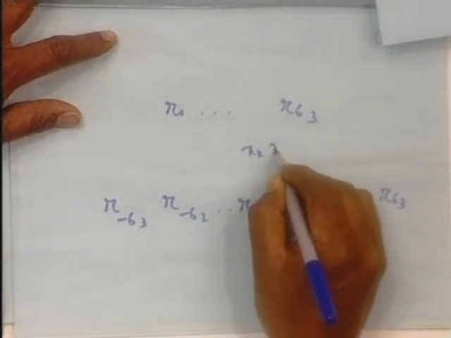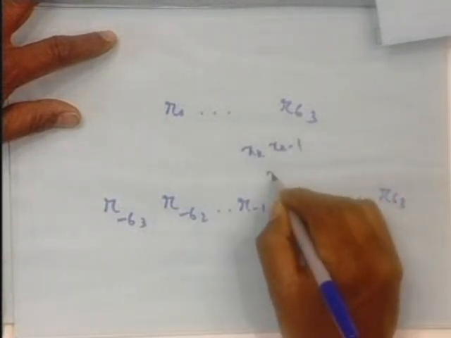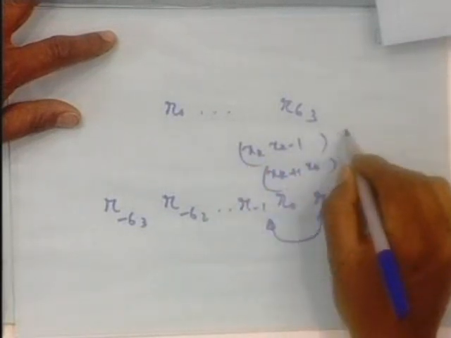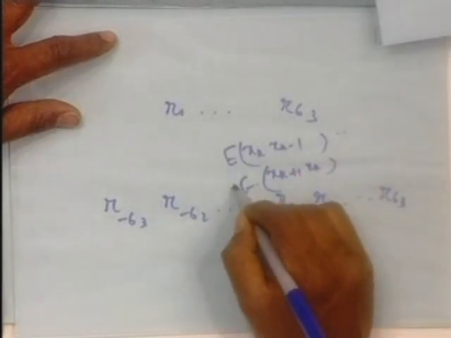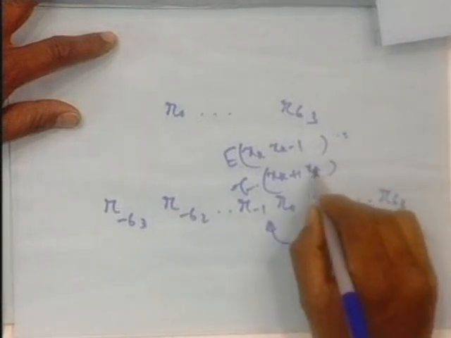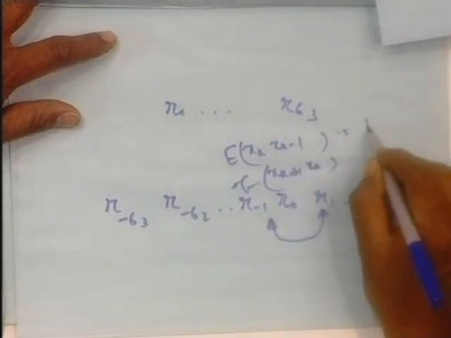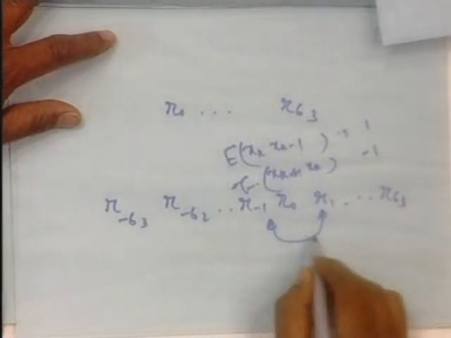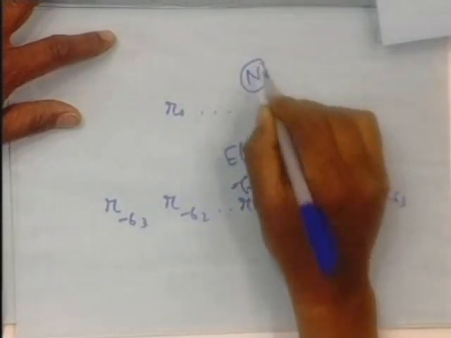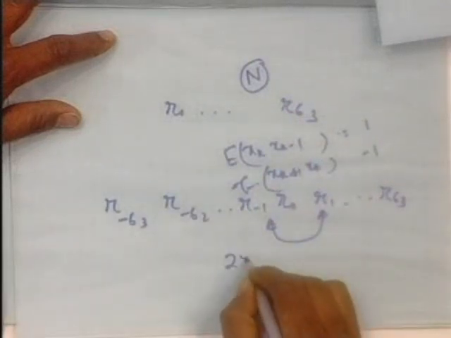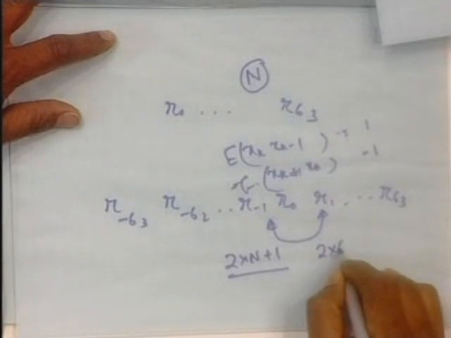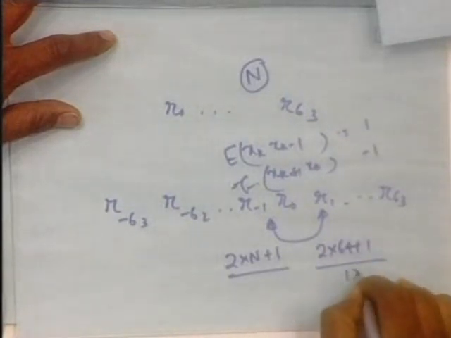It is like xk into xk minus 1 is the same as xk plus 1 and xk. So, this is an expected value, this is also an expected value, one is delayed by 1, one is delayed by minus 1. Therefore the autocorrelation sequence is like this. If the length of the signal is n, then the total sequence will be 2 into n plus 1. In the earlier case it was 64, so 2 into 64 plus 1, that is 129.